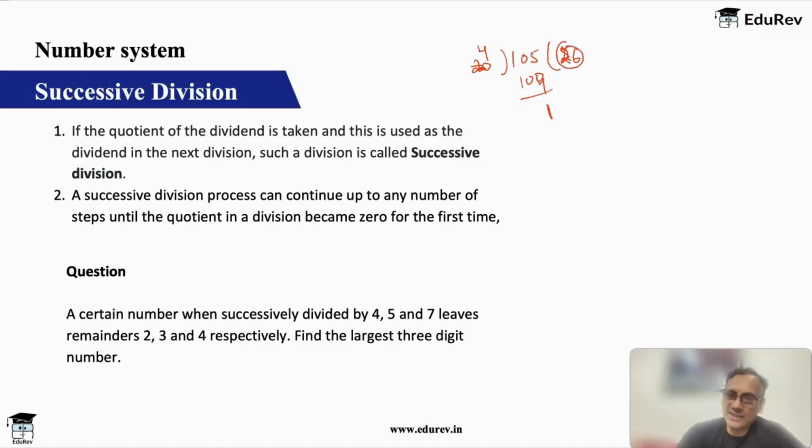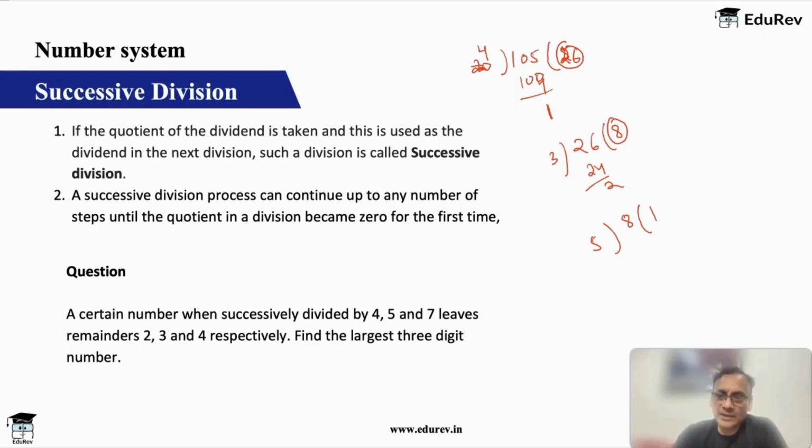Now this quotient, 26, becomes your dividend for the next division, and I say it is now divided by 3. When you divide it by 3, you will divide it 8 times, 24, your remainder is 2. This quotient now becomes your dividend for the next division. So 8. And I'm now dividing, let's say, by 5.